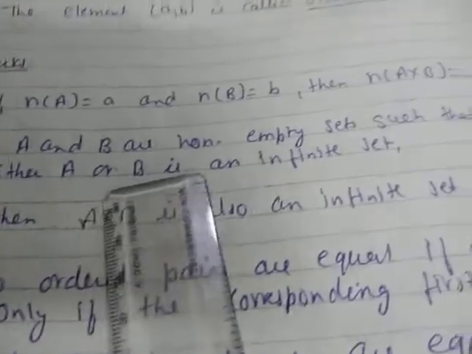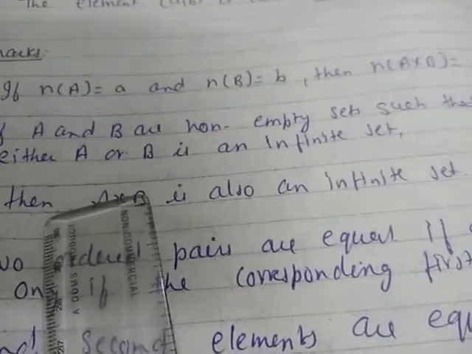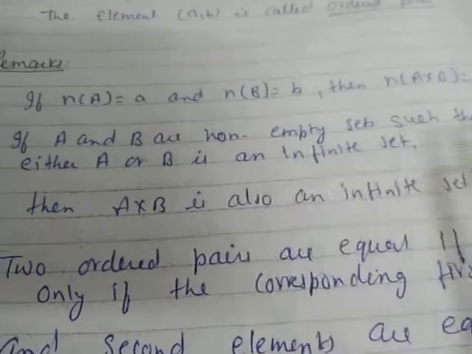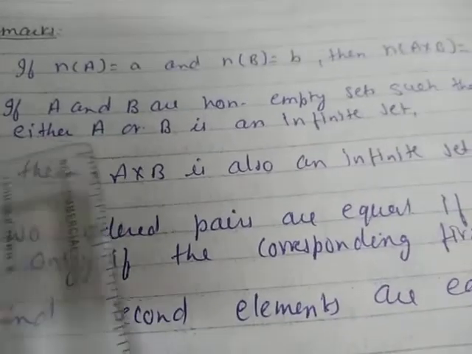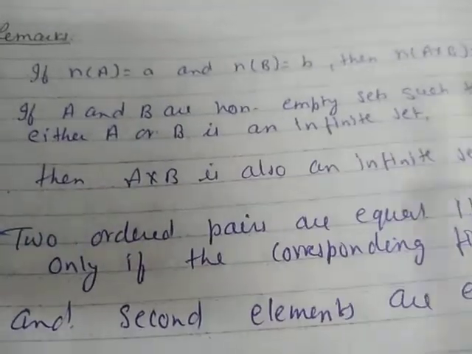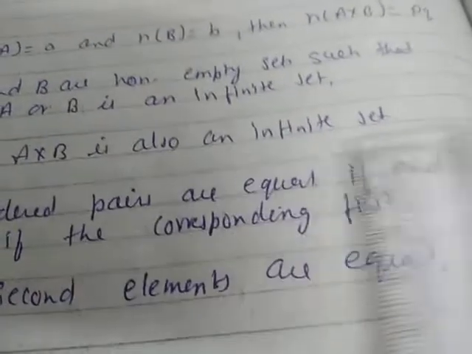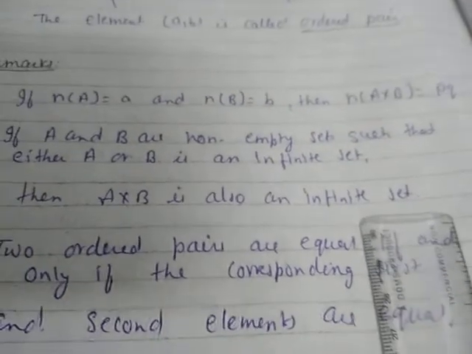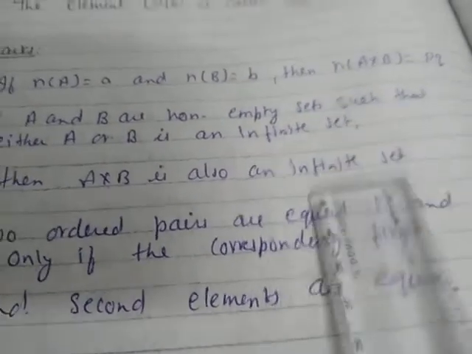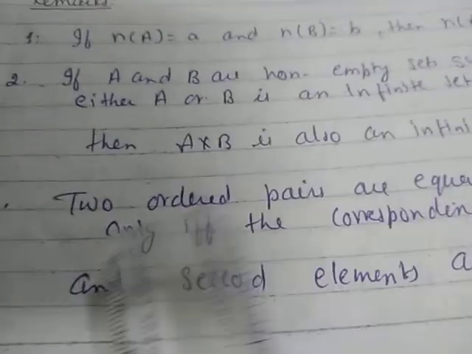If A and B are non-empty sets such that either A or B is an infinite set, any one or both are infinite sets, then A cross B is also an infinite set. And earlier I told you, if A is a non-empty set and B is an empty set, then A cross B is also an empty set.